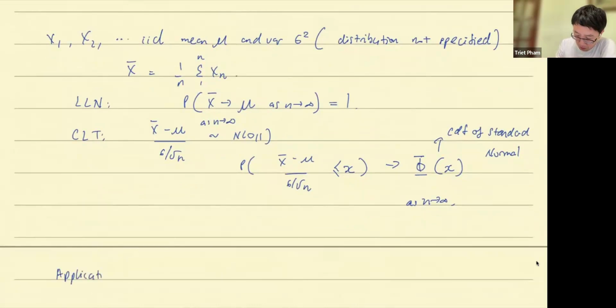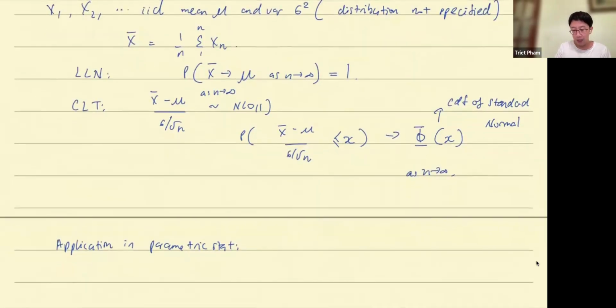You will see this in parametric statistics, the point estimator. So in statistics, there's the idea called unbiased estimator.